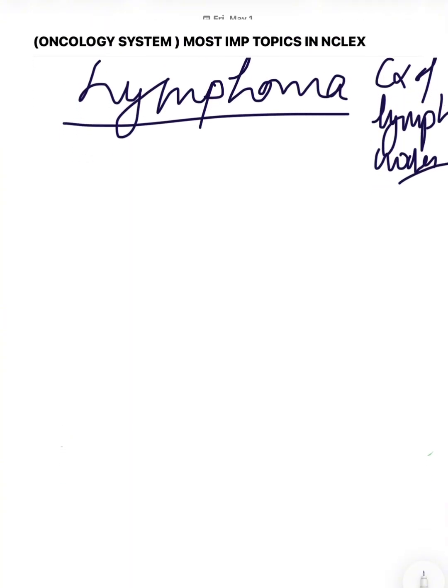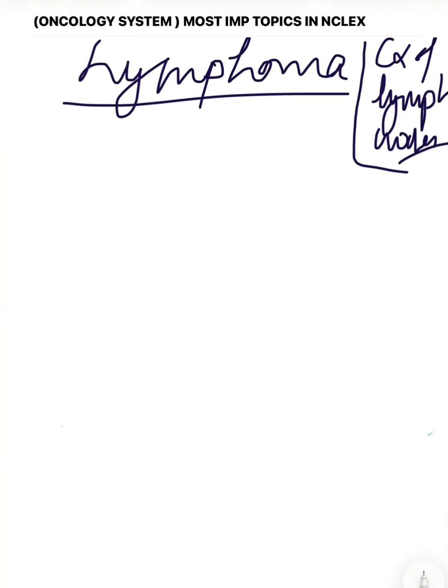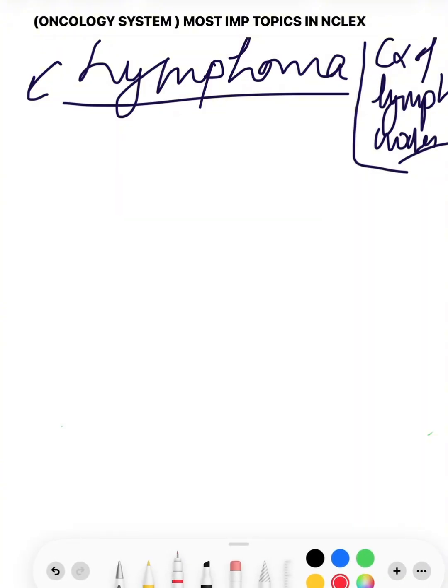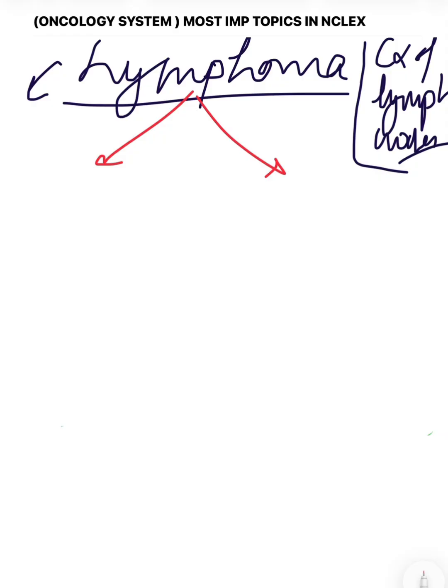Lymphoma is a cancer of the lymph nodes, also known as secondary WBCs.